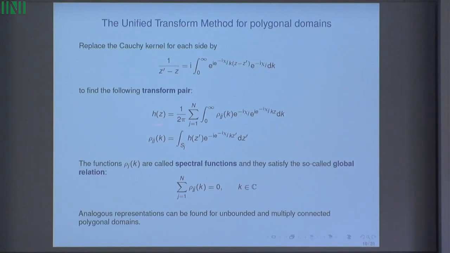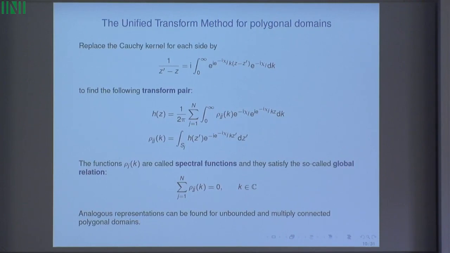So this analytic function h in the interior of the triangle is a sum of this rho j function multiplied by some exponential, and then rho j, this is called the spectral function, is the transform of the unknown boundary data along this respective side. So this is the transform pair derived in this geometric way.